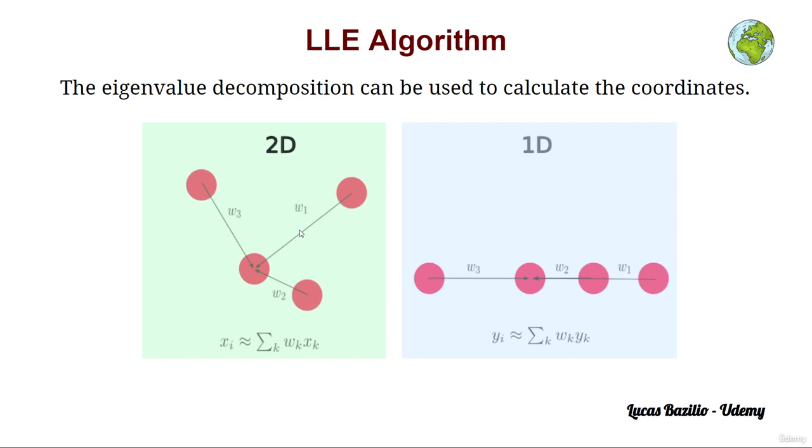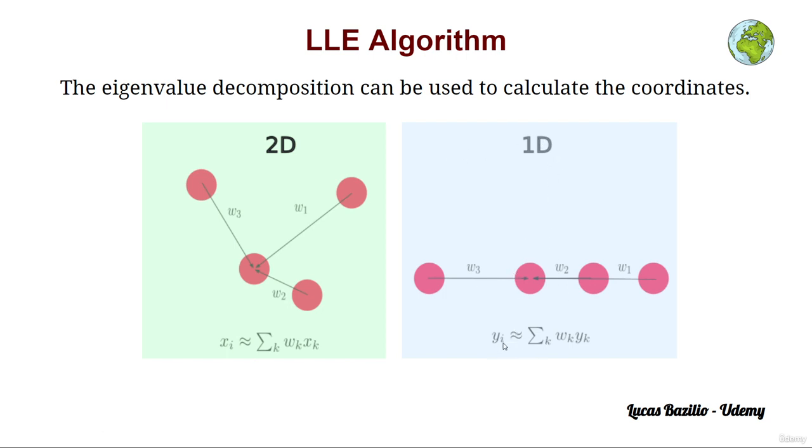The weight depends directly on the distance between this data and the data that we're calculating, right? So this data here is this data x with subindex i. So this is going to be an approximation from the other data, basically the neighbors, multiplied by their weights. And at the end, we will have this same data, but now in this new space with only one dimension.